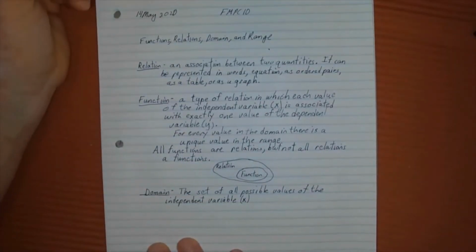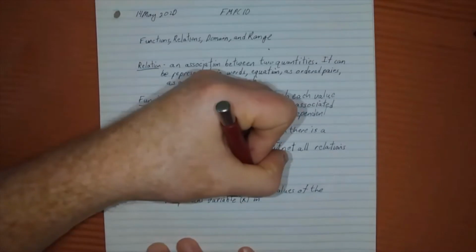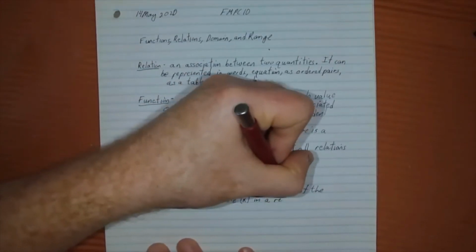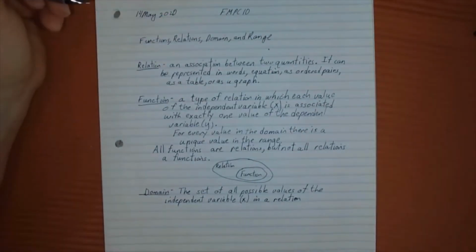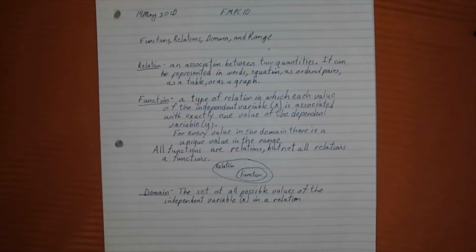All your x values in a relation. Now I know I have defined this according to relation, and that is acceptable because all functions are relations, so this applies to functions. Domains are the x values.